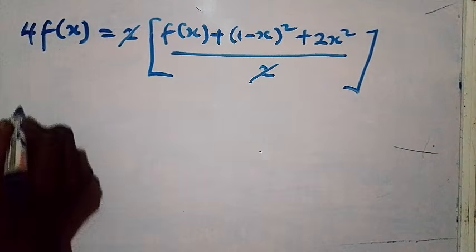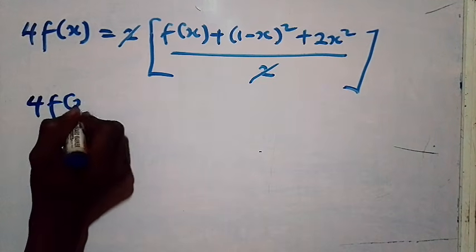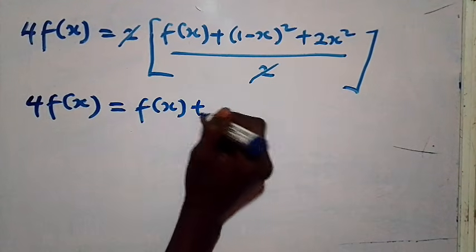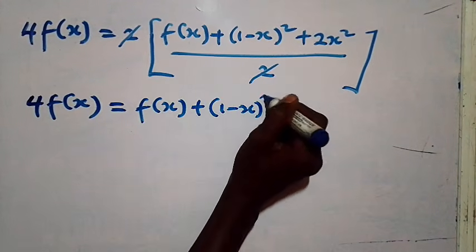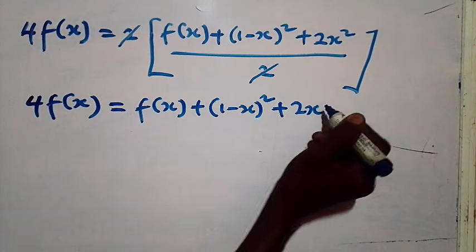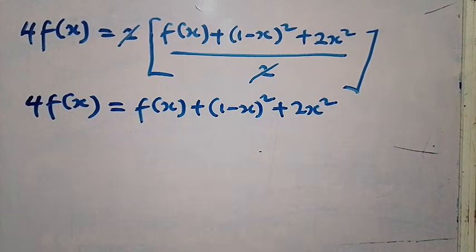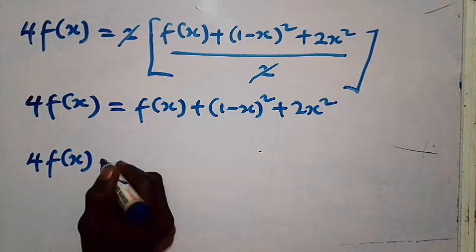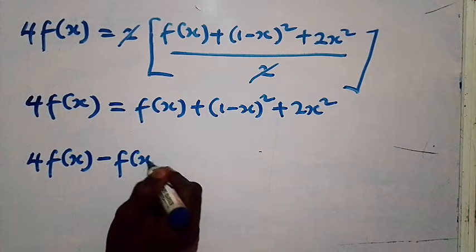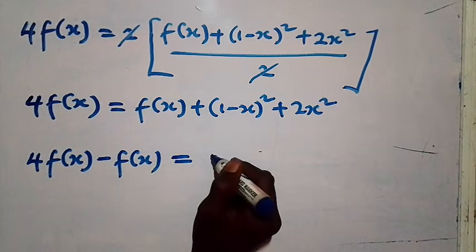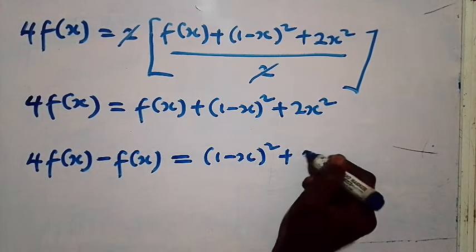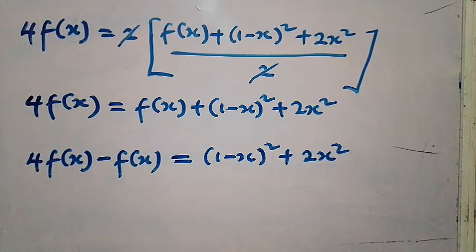We are left with 4 f of x equals f of x plus 1 minus x squared plus 2x squared. Let's collect the like terms. 4 f of x, this is f of x here, transfer it to the other side, minus f of x equals 1 minus x squared plus 2x squared.